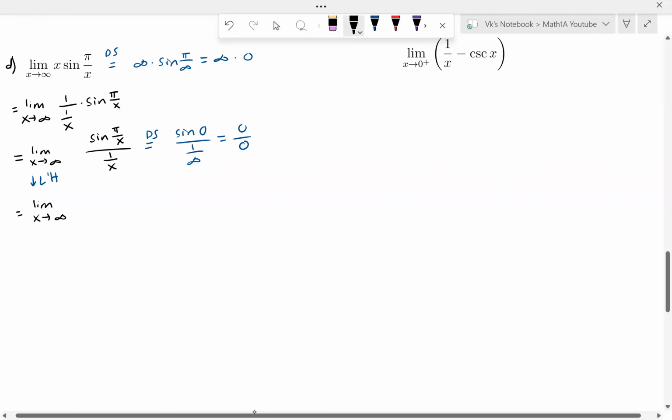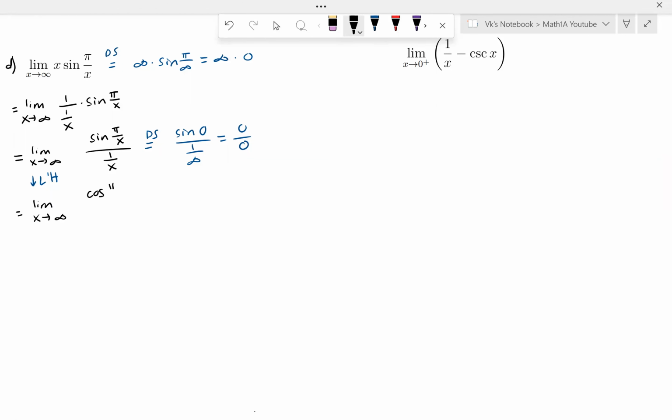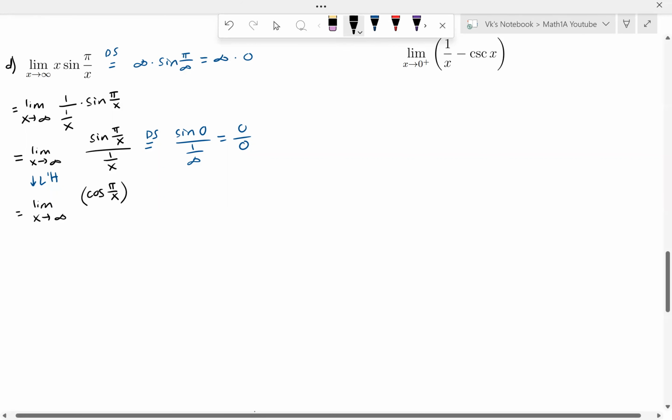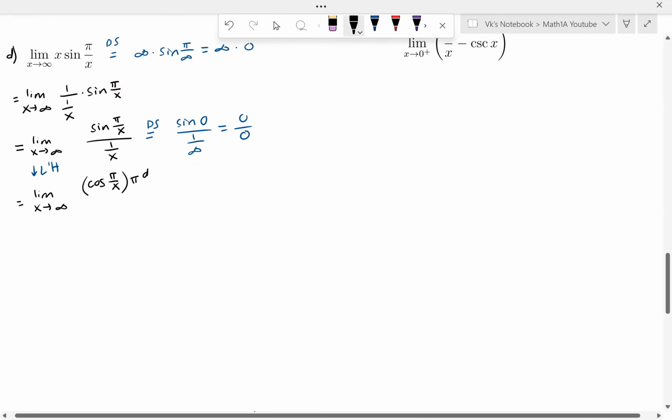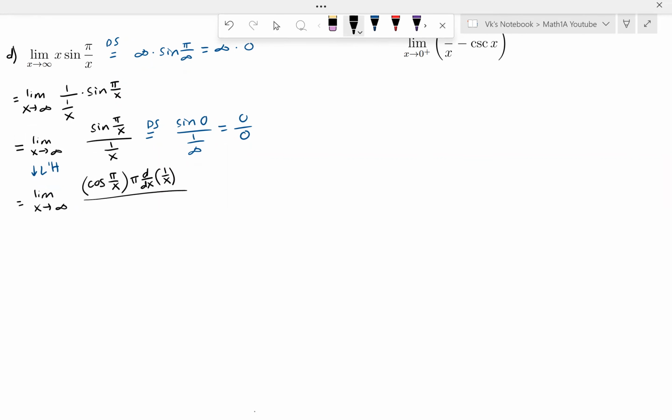The derivative of sine is cosine of pi over x, and we're going to multiply by the derivative of the inner function, which is the derivative of pi over x, or just pi times the derivative with respect to x of 1 over x. I'm not going to work it out, because the derivative of the bottom is the derivative of 1 over x, and notice that they cancel each other out.